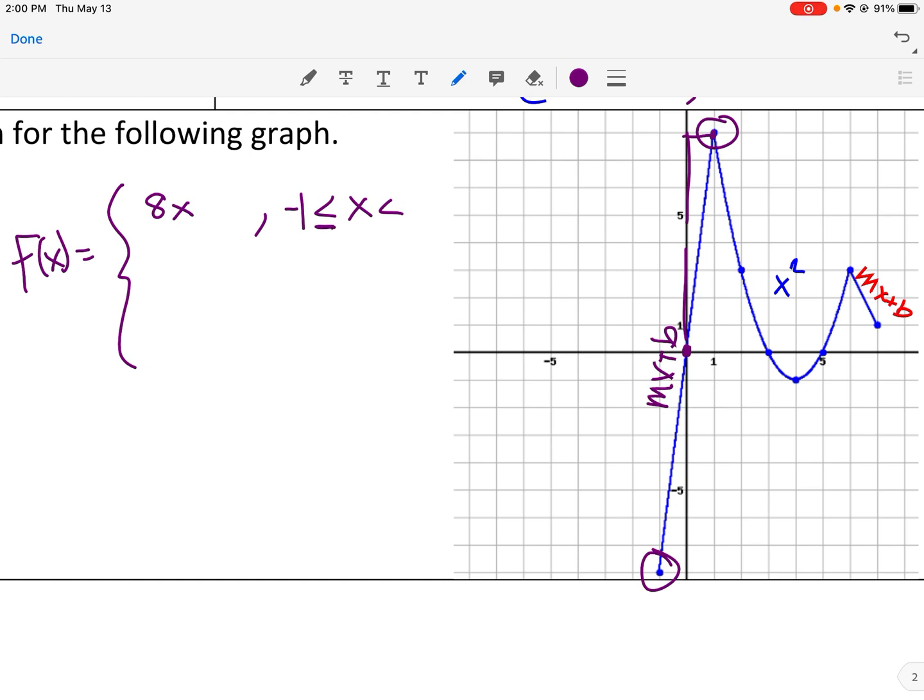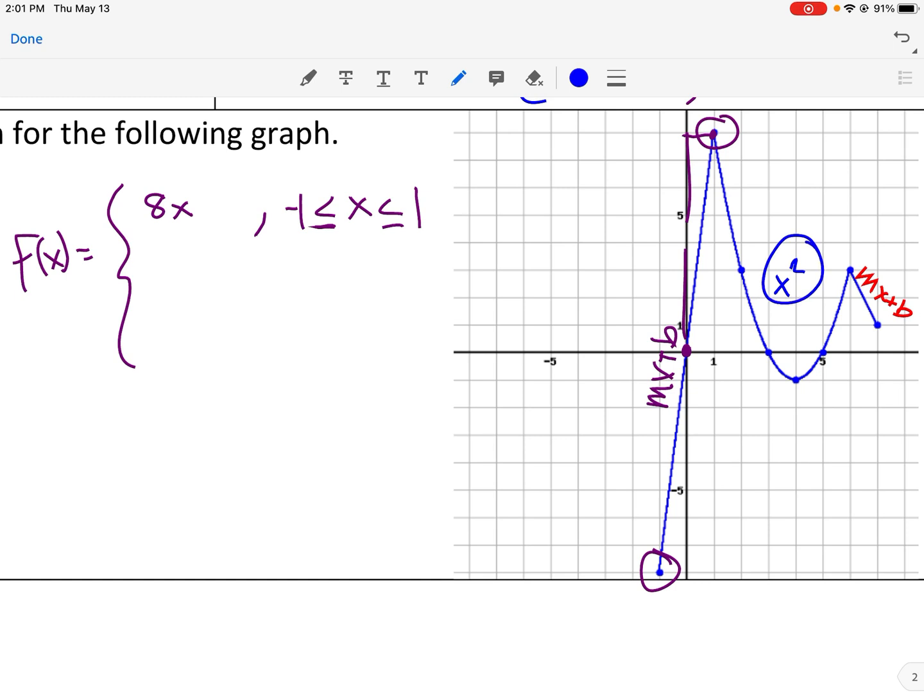So lowest is going to be -1, and it's a filled in circle, so we're going to use the equal to part. The right side, the highest x value is +1. And again, you can decide if you want to do the equal to part here or on the next piece. But we'll just do it here. We'll keep track.